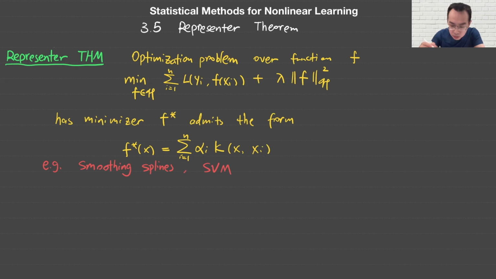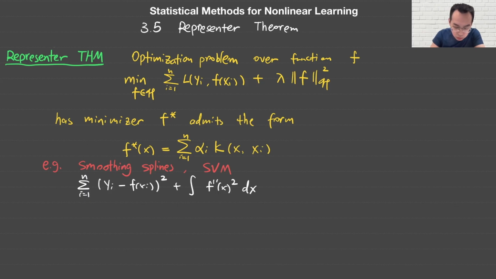representer form. So for the smoothing spline, we have the loss function as the mean squared loss. So that will give us (y_i minus f of x_i) squared. Then the norm is the integral of the second derivative squared dx, right?